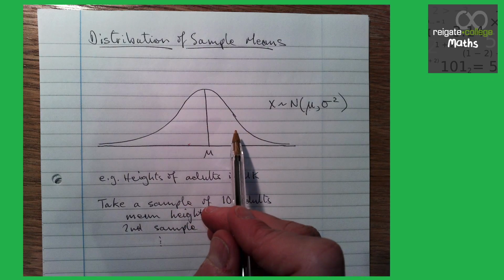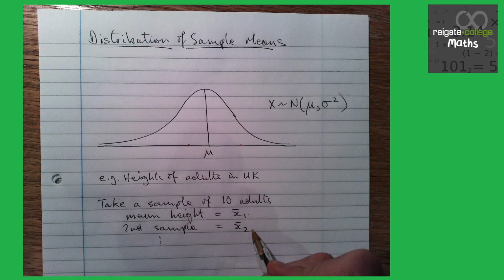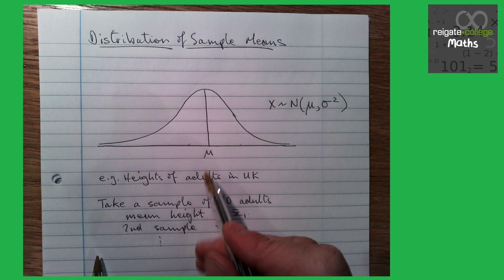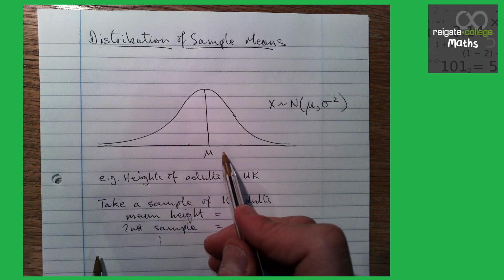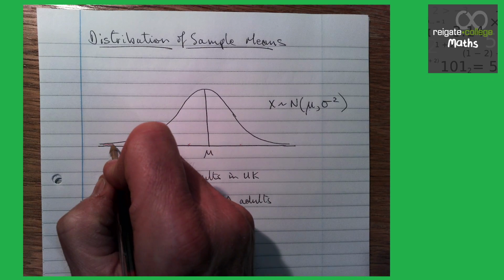Well, it turns out that these data items, the x bar 1, x bar 2, and so on, are themselves normally distributed, and not only that, but they have the same mean as the overall population does. So we get a distribution that looks something like this.